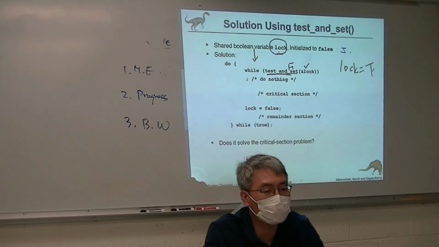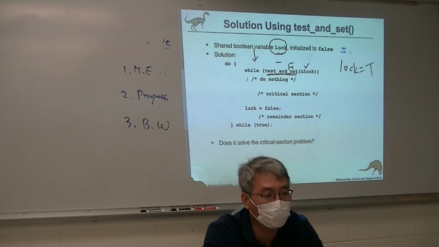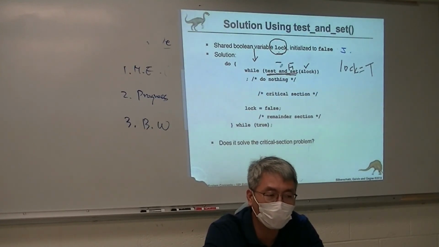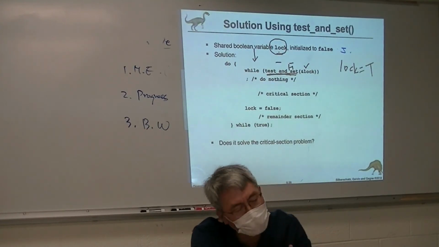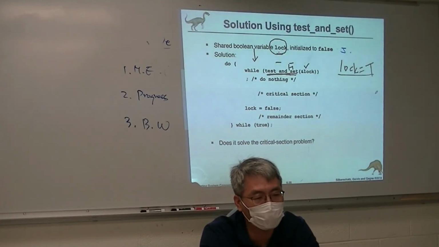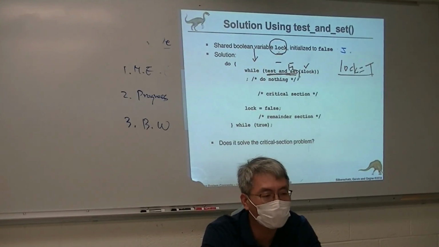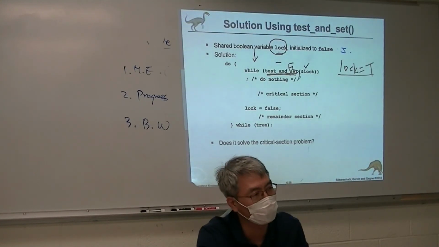So right now it's true. Then what is the output of test and set? It's false, because it was false the first time, so the output is the same as the input, false. But inside, the lock is changed to true. So this is false, and you can get out of the while loop, which means you can enter the critical section.